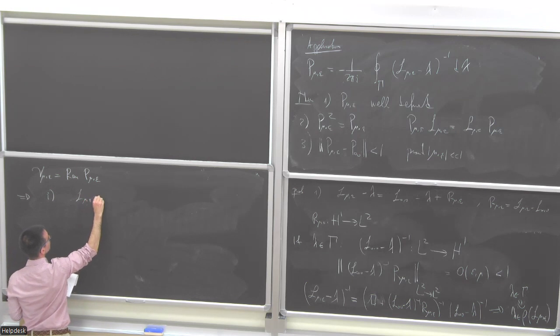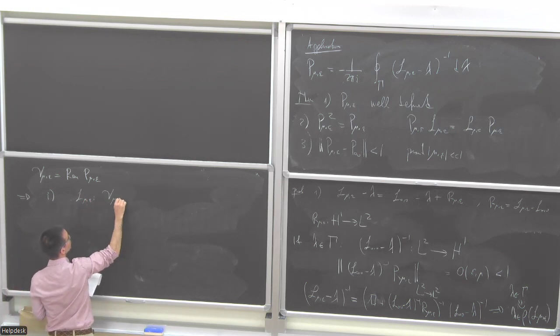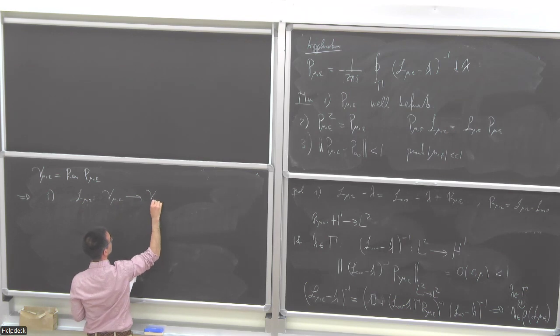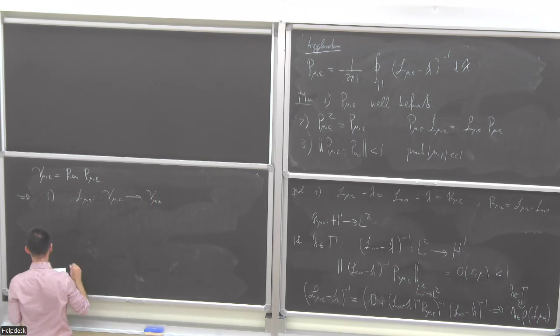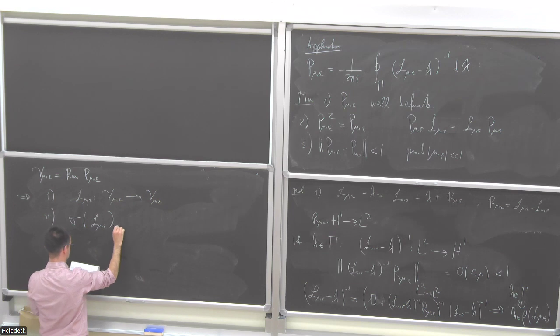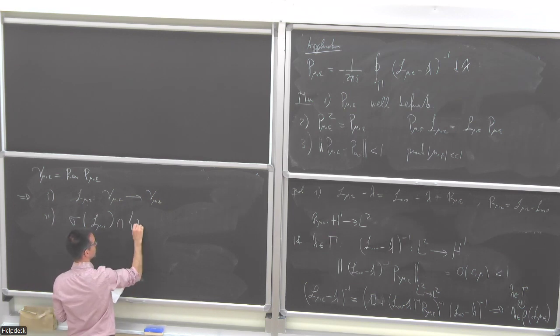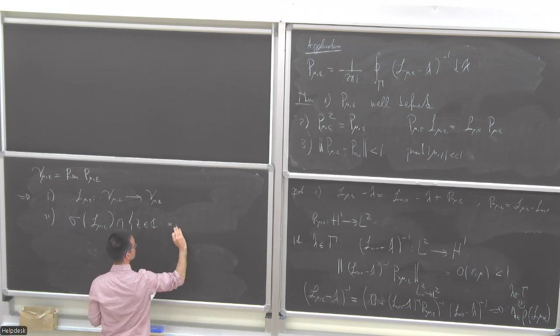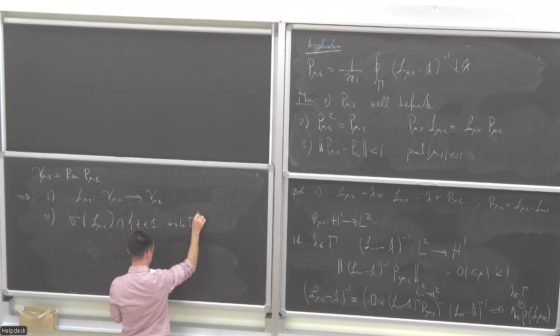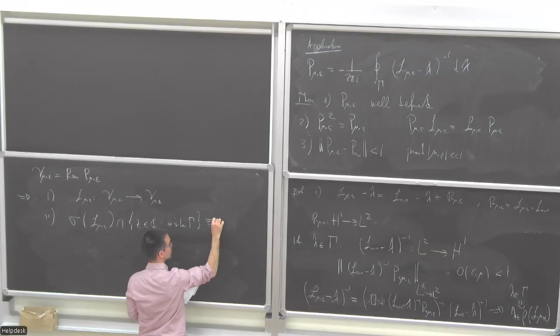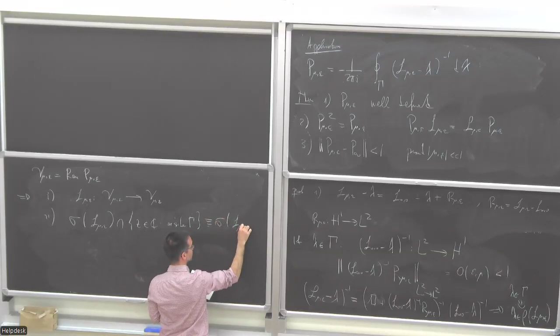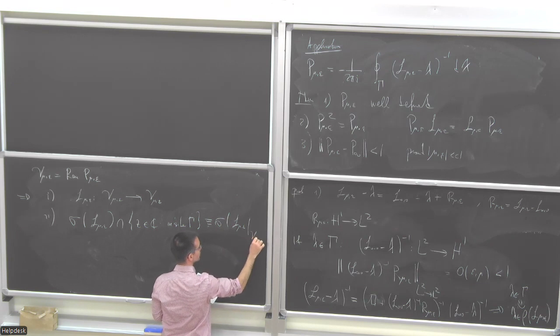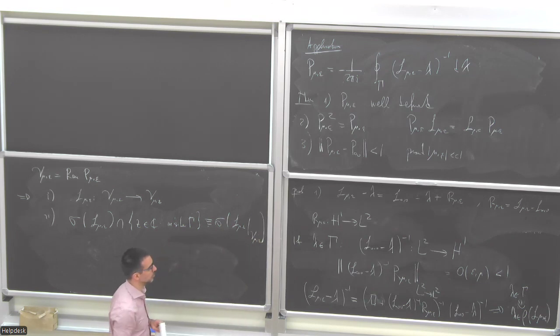So L mu epsilon goes from V mu epsilon into V mu epsilon, and the spectrum of L mu epsilon, the complex numbers inside gamma, coincide with the spectrum of L mu epsilon restricted to the space V mu epsilon.